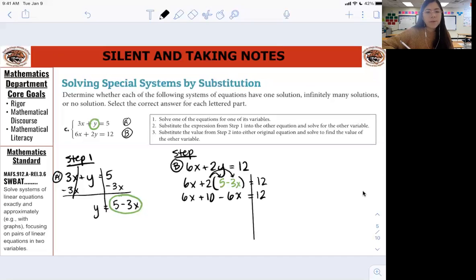Okay. Now what? The 2 6s cross out, because 6 minus 6 is 0. So 0 plus 10 equals 12. That means 10 equals 12?